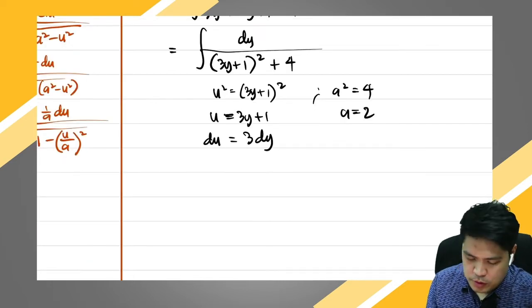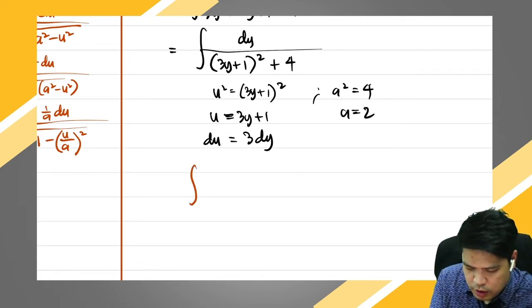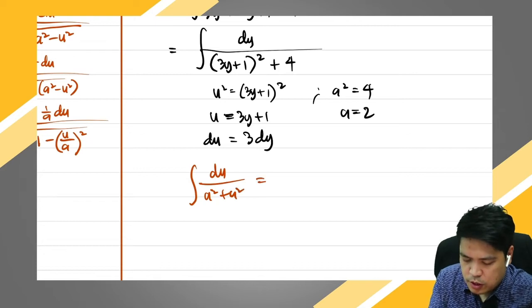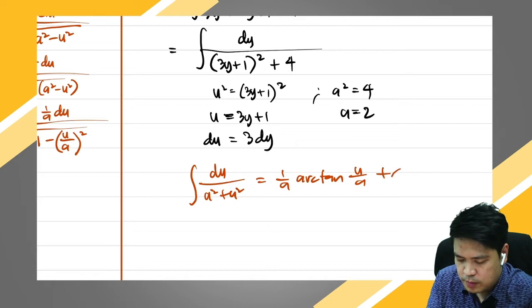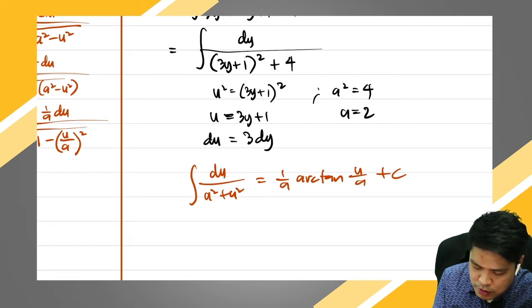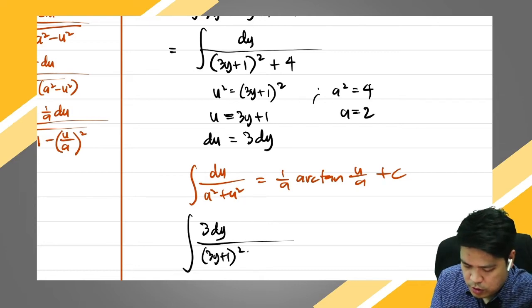Okay. So therefore, we know that the integral of du over a squared plus u squared is just equal to 1 over a arctangent u over a plus c. So therefore, our answer for this is just, i-reconstruct muna pala natin. So therefore, this should be integral of 3 dy over 3y plus 1 squared plus 4.